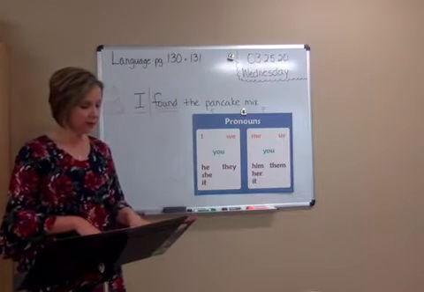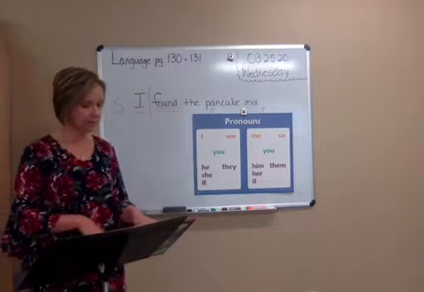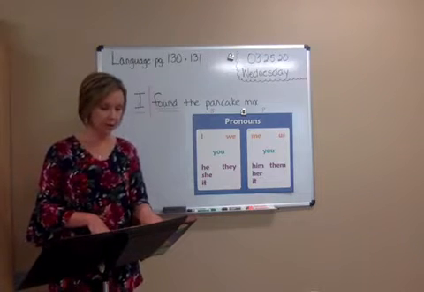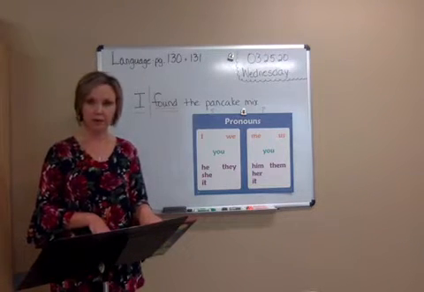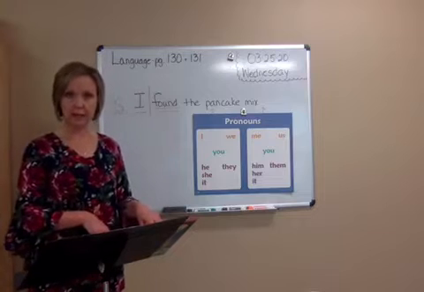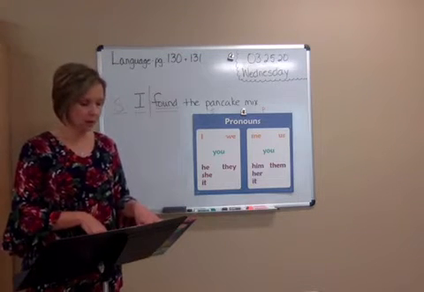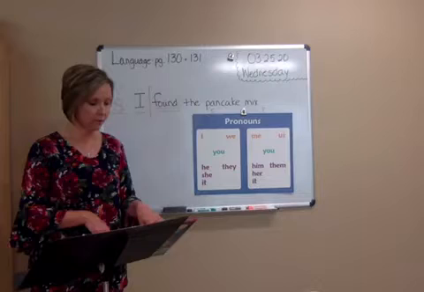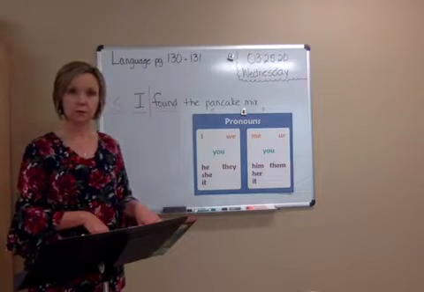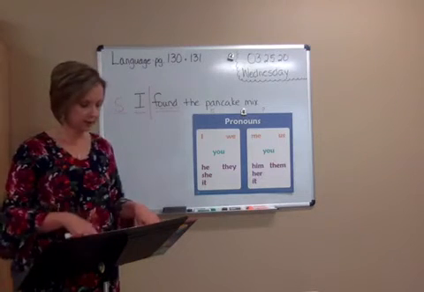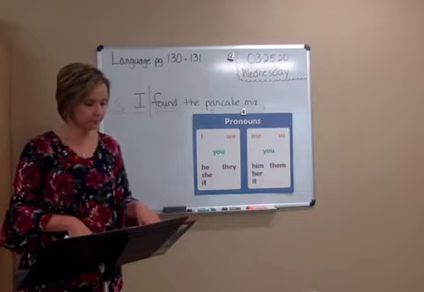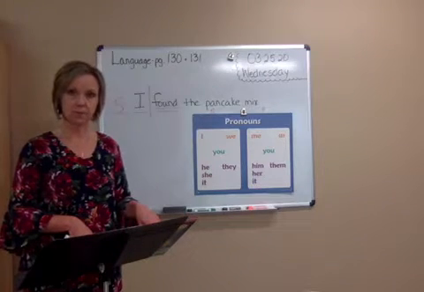Number 5, we took the pancakes to Dad. We took the pancakes to Dad. Where would we divide? Between we and took. That's right. What is our verb? Took. Underline took twice. Subject? We.